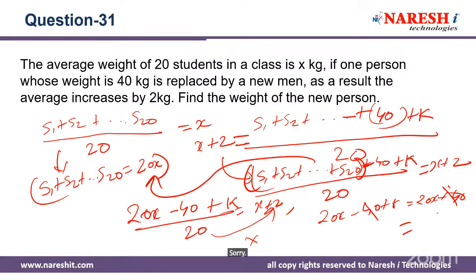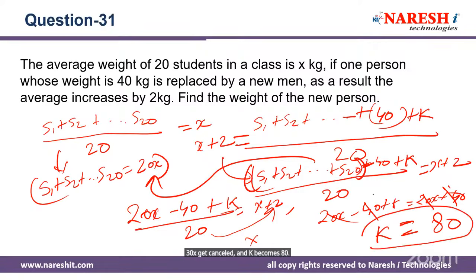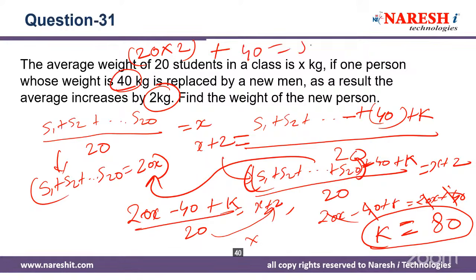Minus 40 will come this side, will become 80. 20X gets cancelled and K becomes 80. Coming to the shortcut. How many people are there in the class? 20. Multiply with how much the average is increasing, 2, plus the weight of the person who left, 40. Add. Direct answer 80.